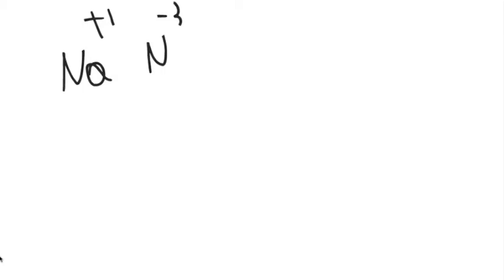The greatest common factor between these two is 3, which means I have to multiply the sodium by 3. So now I have Na3N. This 3 represents that there are 3 atoms of sodium in this ionic compound. Since there's nothing underneath nitrogen, that means there's only 1 atom of nitrogen in this ionic compound.